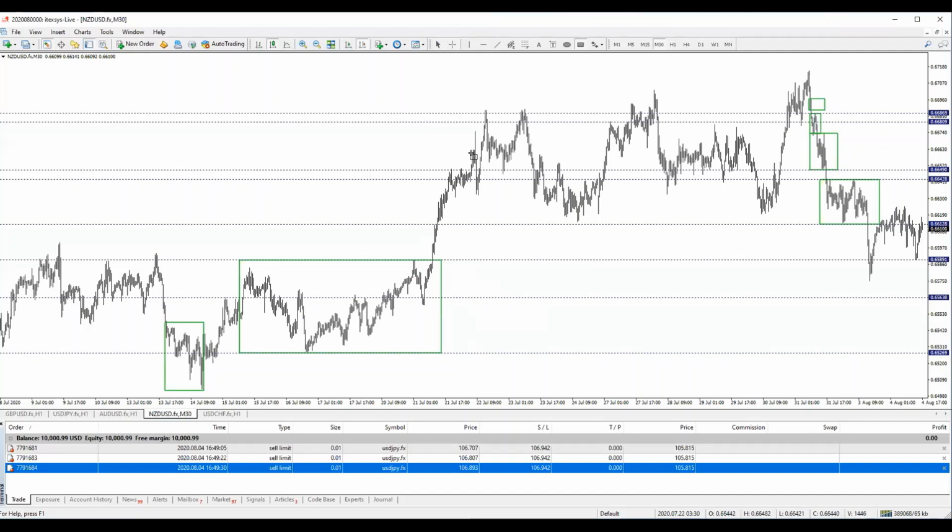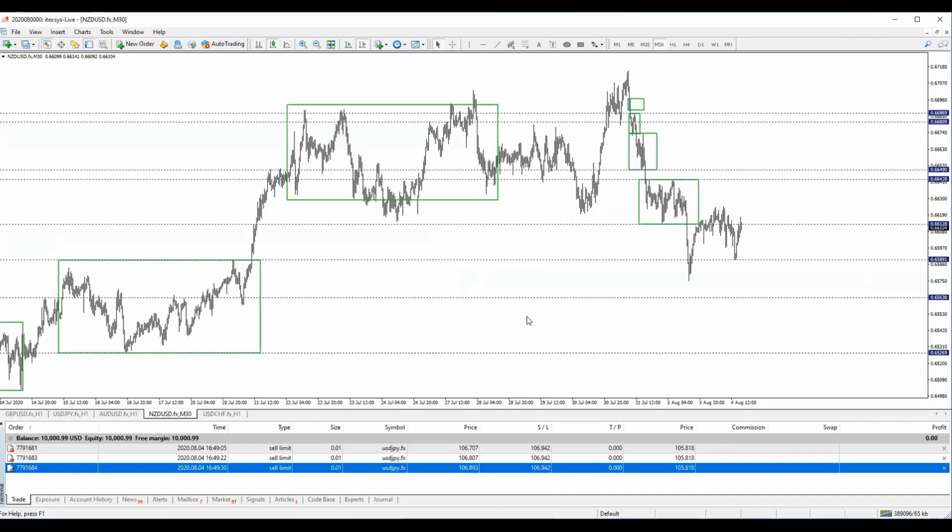We have an ascending flag, and then we have a flag here which is incomplete. This whole area is incomplete. So we actually have three buy entries for the upcoming time. So these are the levels that we would consider to scalp for the Kiwi.